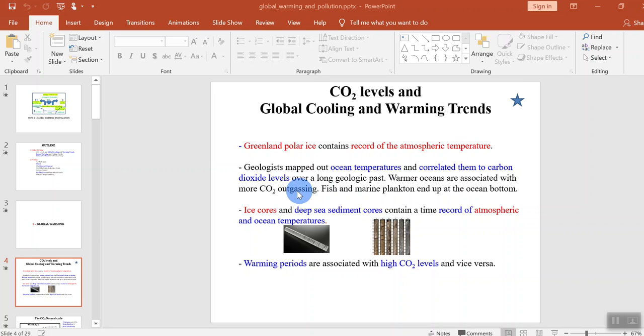What is the evidence? Well, geologists mapped out ocean temperatures and correlated them to carbon dioxide levels over a long geologic past. I'll show you the curves.